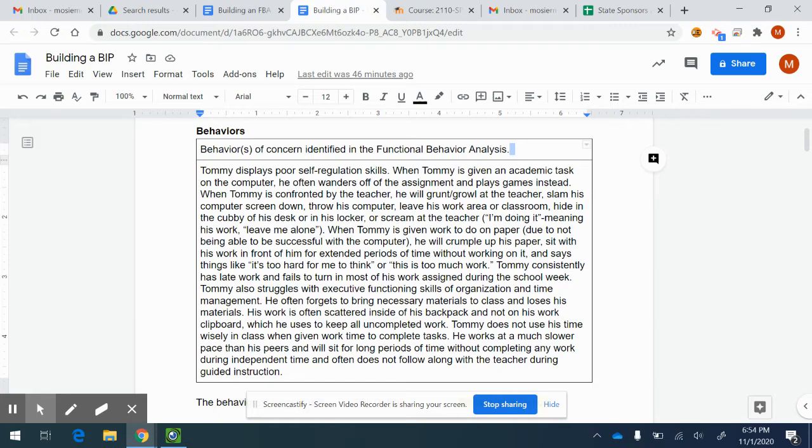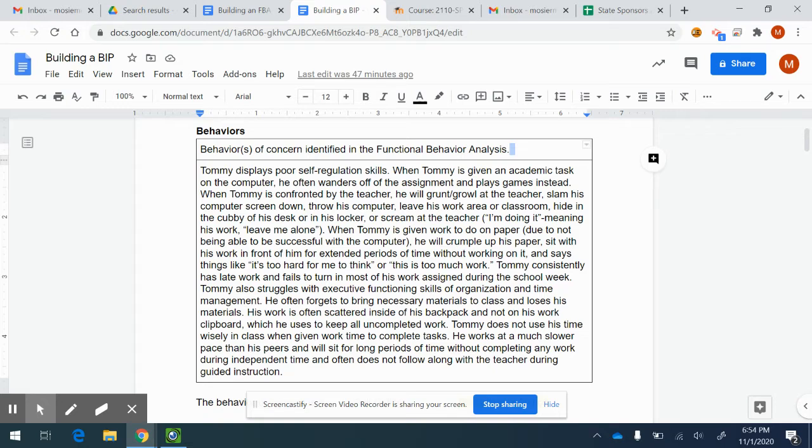For example, if you have 20 minutes before dinner time, finding a work assignment that you could complete within that 20 minutes so that he would be able to complete something and feel successful. Those are the various skills that we worked on during our social skills instruction during that intervention time.